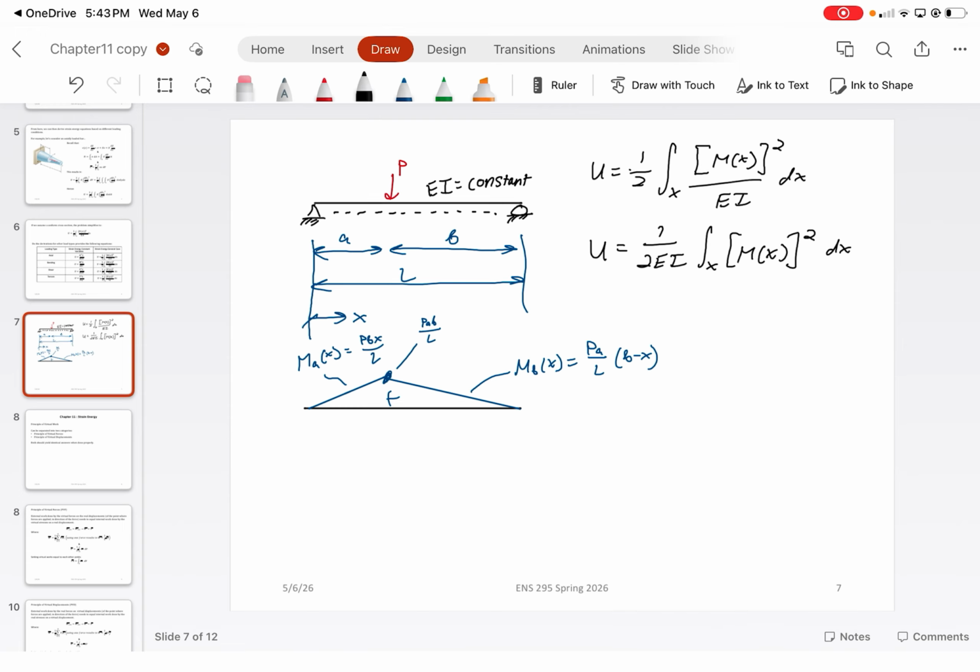All right? So, U is just going to equal 1 divided by 2 times EI, that gets carried out of both integrals that we're going to write down.